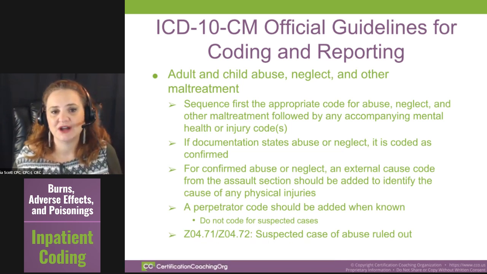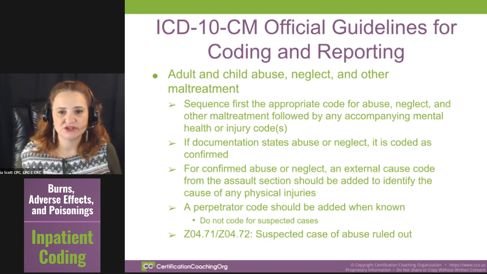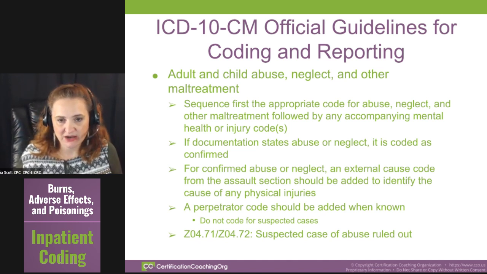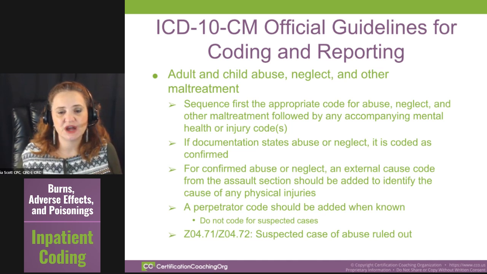You may not have thought about abuse, adult and child abuse, being in this category, but it is. So we have adult abuse, child abuse, neglect, and maltreatment. Again, we think of child abuse, that's common, but we don't think of adult abuse, and that is things like spousal abuse.